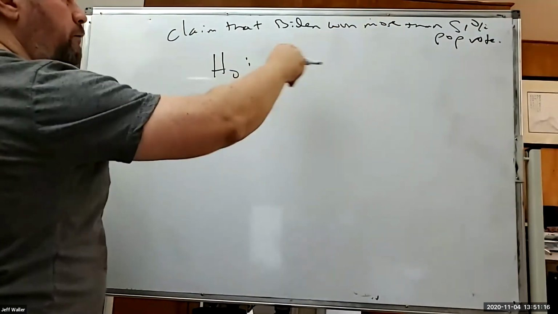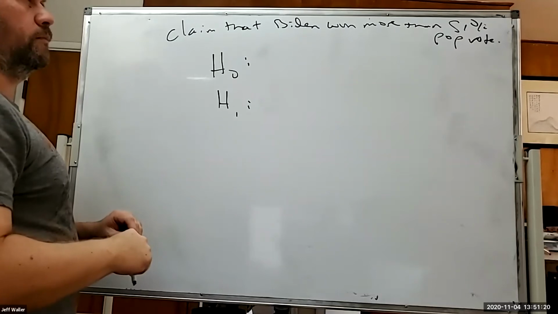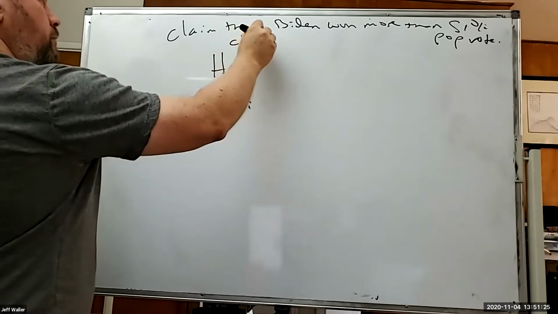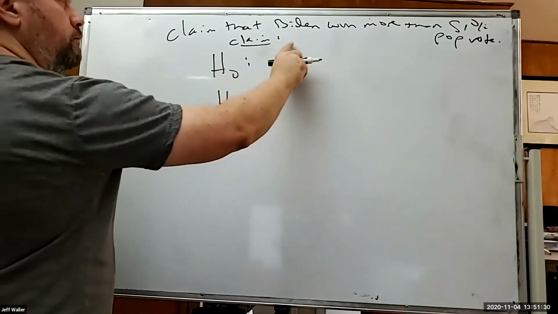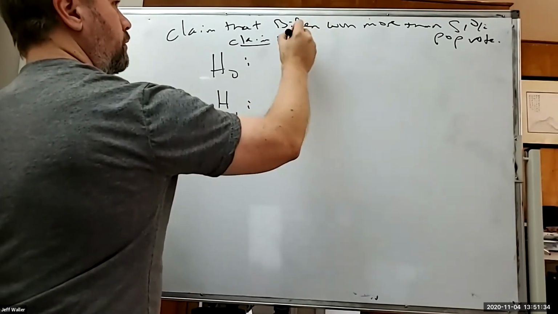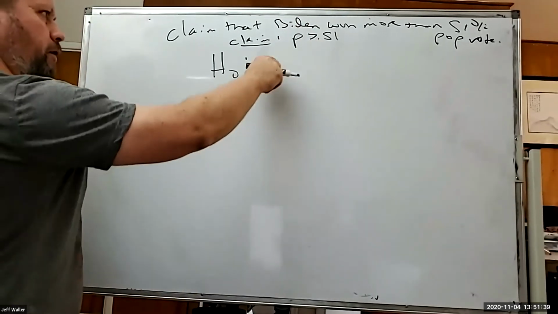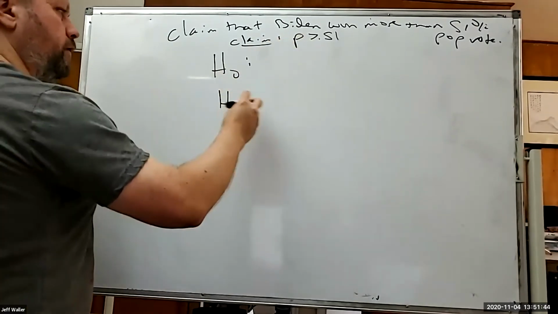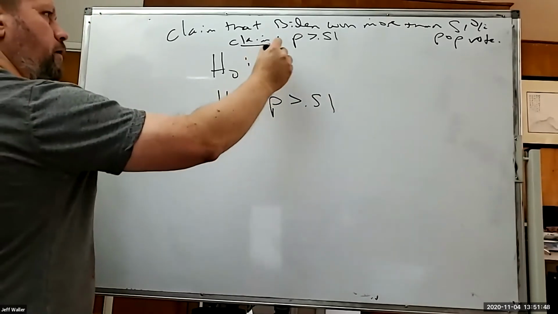More than 51%. Where would that go? What would it be? The Ha. How can I rewrite the claim in math-ish? What would it look like? P is greater than 51%. 0.51. I like it. And where, somebody else tell me, where would it go? Ha. Exactly. I was going to say Ha. So the Ho would be this guy.